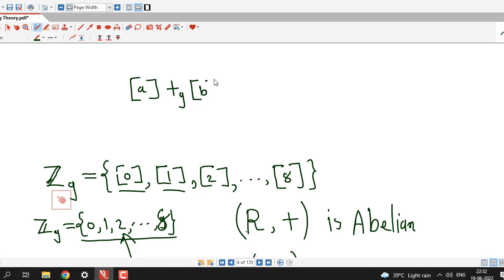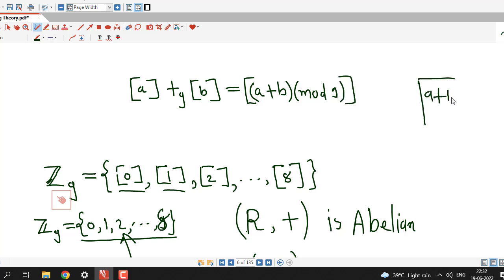and the operation of addition modulo 9 is defined as follows: if we consider two equivalence classes, then the sum is equal to a plus b modulo 9. So we have to find the remainder when a plus b is divided by 9, and this right hand side is the equivalence class generated by the remainder when a plus b is divided by 9.